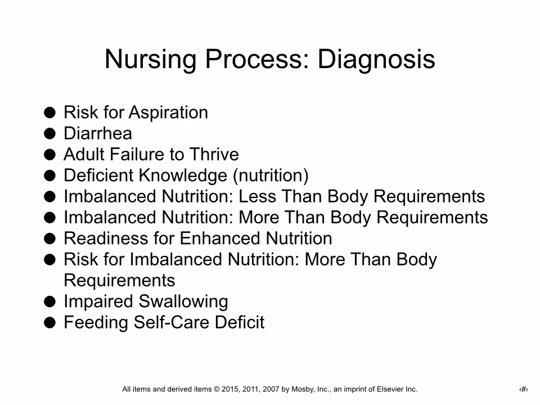Some of the nursing diagnoses can be risk for aspiration, diarrhea, adult failure to thrive. When they say adult failure to thrive, it means that because of the nutritional problems, the patient cannot live a regular daily life.